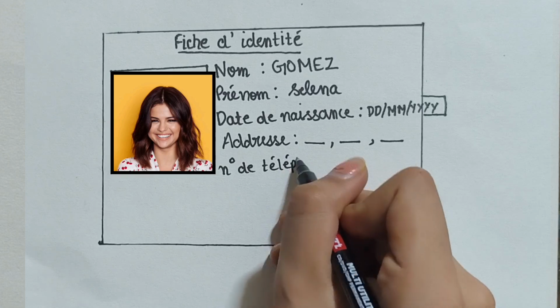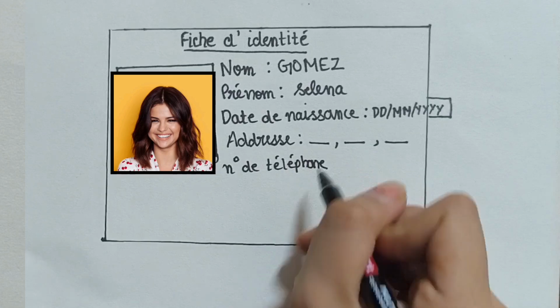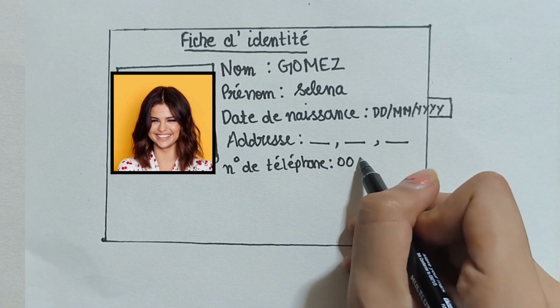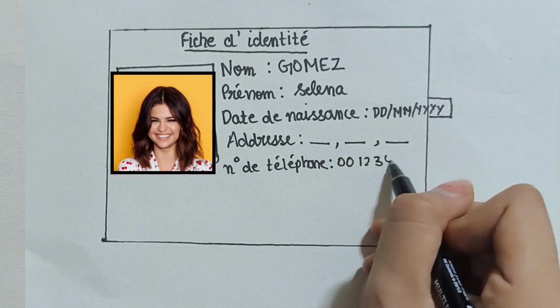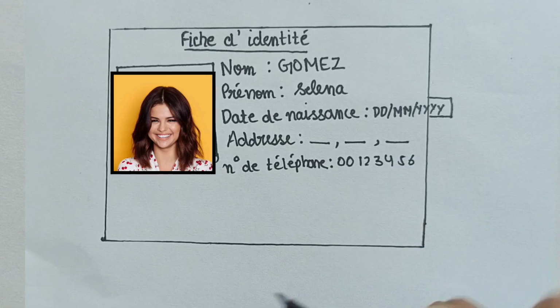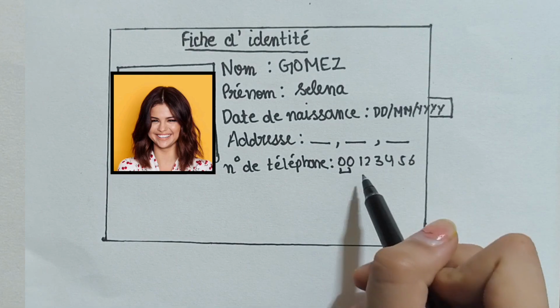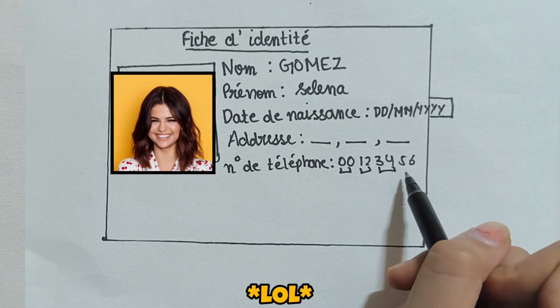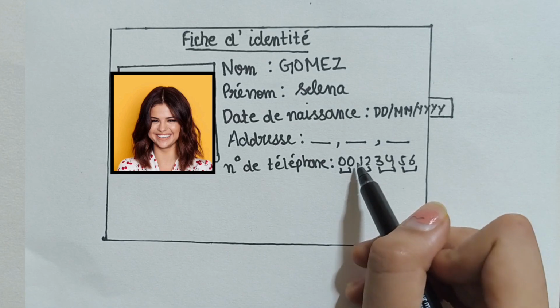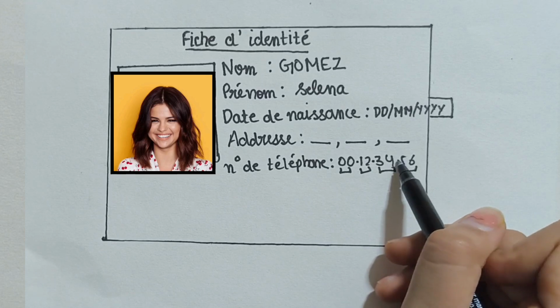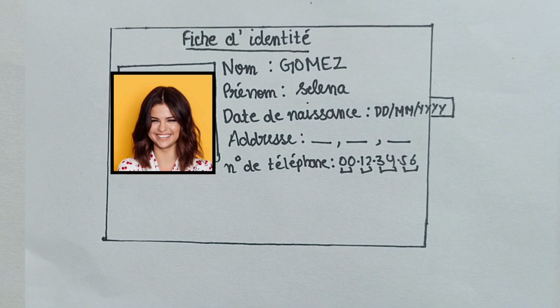Now one thing you have to take care of over here. Suppose your number is 00123456. This is your number. Alright, so you need to take two digits, and two digits, and put a full stop, or you can say point between these two digits.